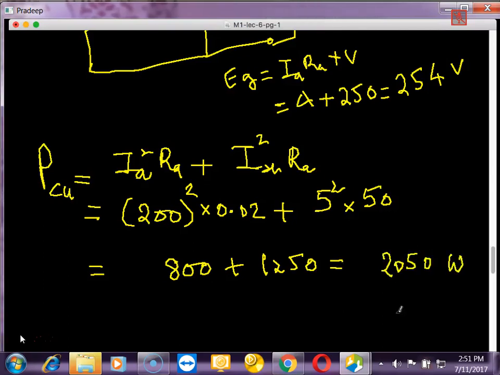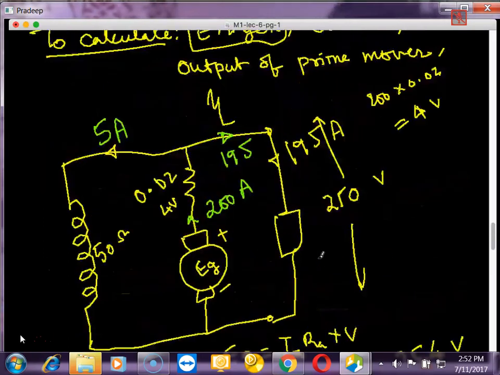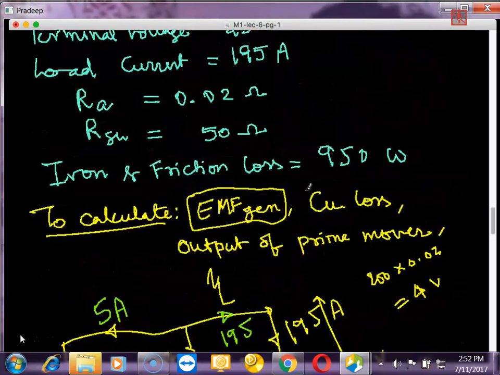So this is the total copper loss. This is how you calculate the copper loss for the machine. Okay, so copper loss is also done.